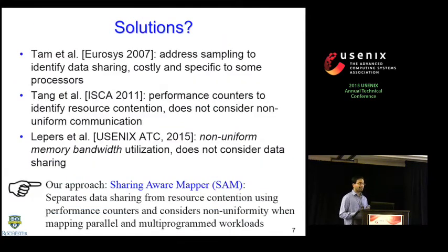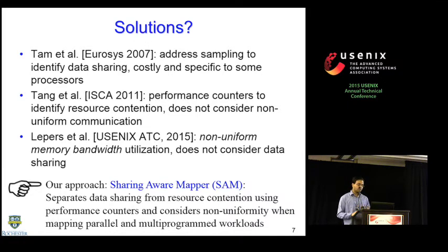We look at some of the related work that is most relevant to us. Tam et al. study an address sampling-based approach to identify and infer data sharing between threads. This approach would work very well for certain applications and access characteristics, but as an implementation, it is costly and very specific to certain processors.